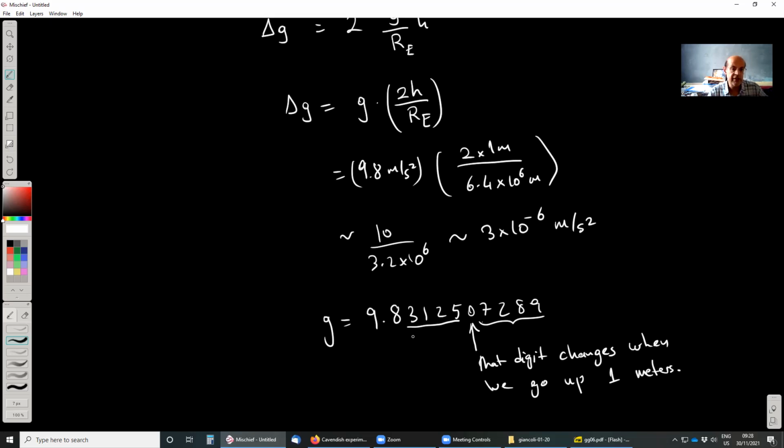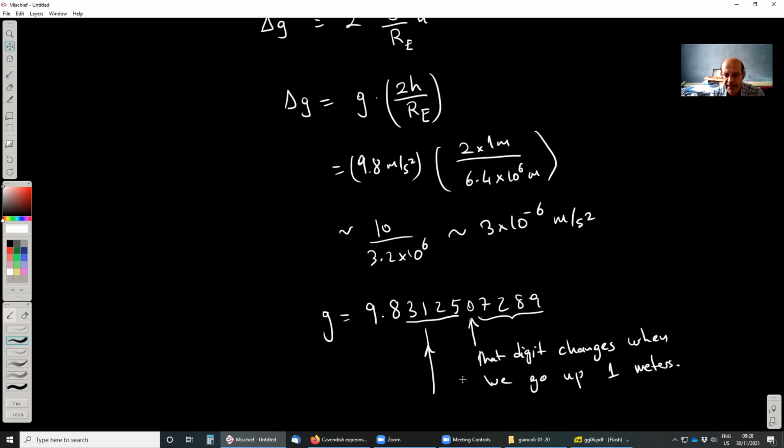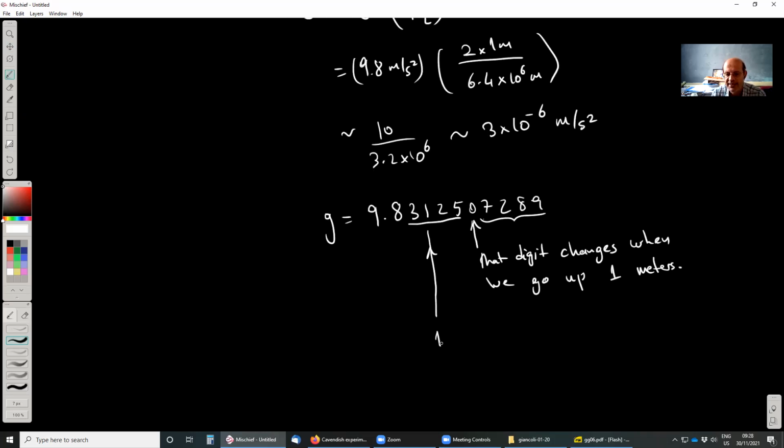So around us, we can more or less assume that it is constant, okay? So I can go ahead and talk about what happens if I go 1 kilometer above. In that case, this thing changes, right? This is like 1 kilometer above.